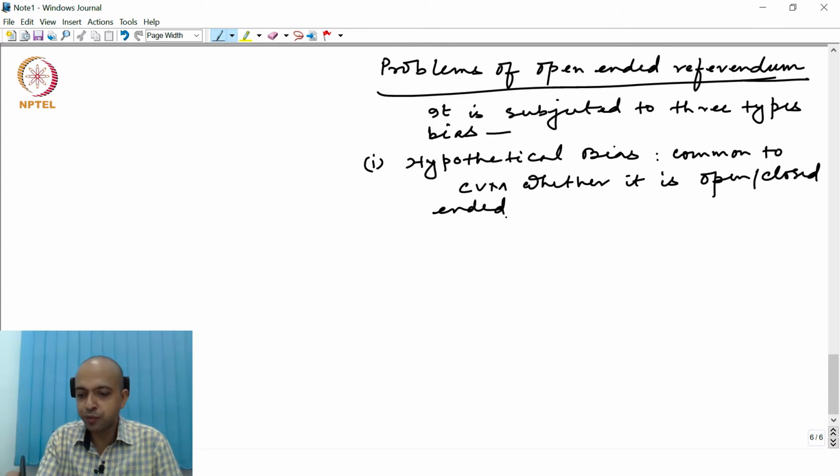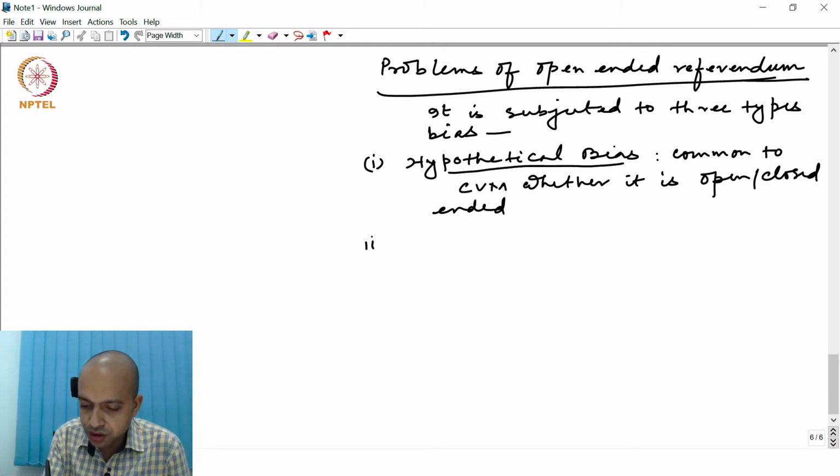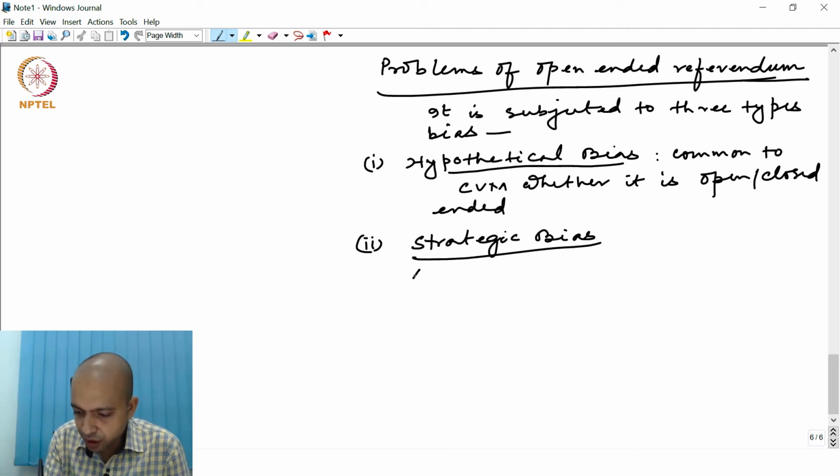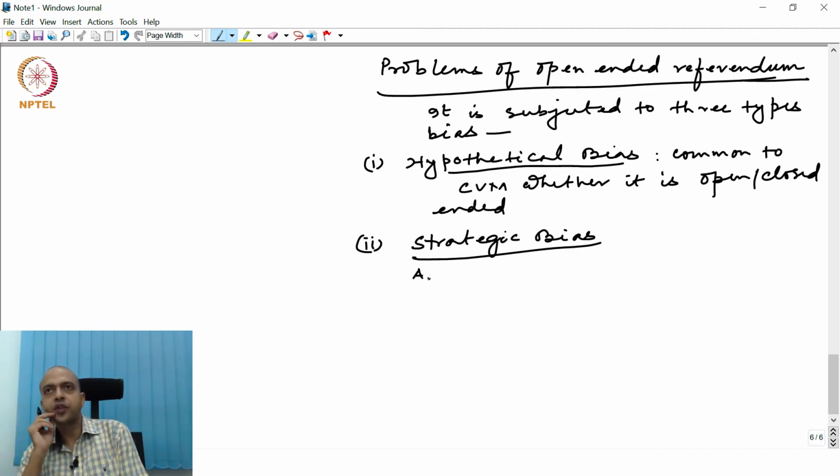So that is common, the hypothetical bias. Then the second one is called strategic bias. And strategic bias is of two types.